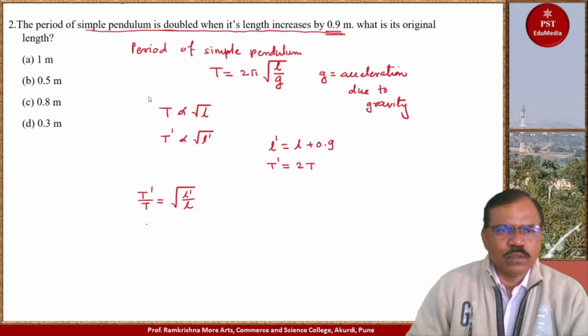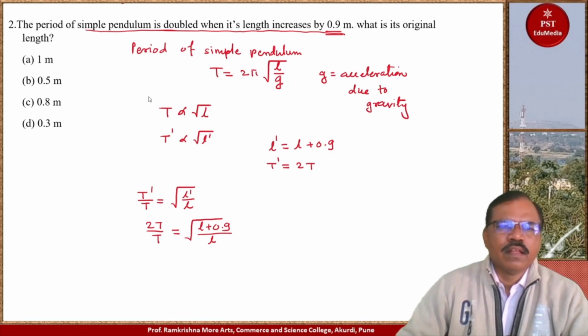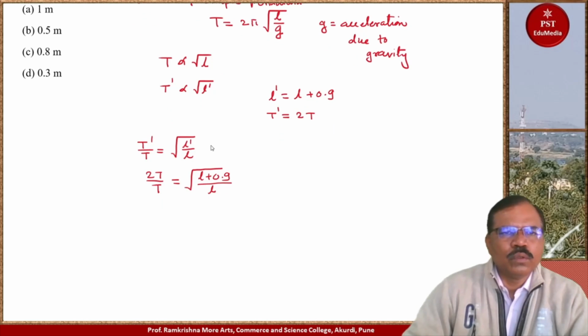So we get, T dash is 2T, so 2T divided by T is equal to square root of L plus 0.9 upon L. So 2T upon T is 2.